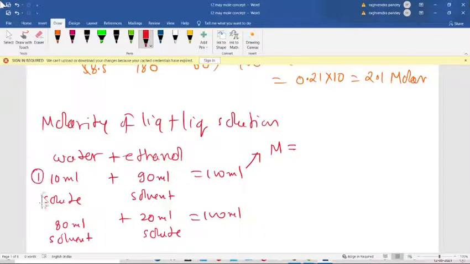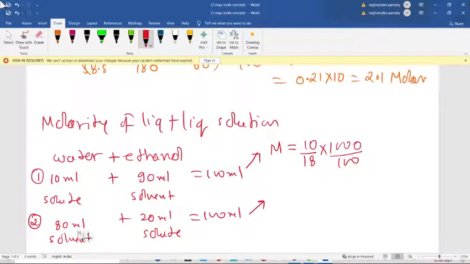So 10 by 18 is the moles of water, into 1000 upon volume. Here we have to place the volume. Now which volume do we have to place, 10 or 90 or 100? We have to place the total volume of solute plus solvent. So here I am putting 100. So this is the molarity of this solution.